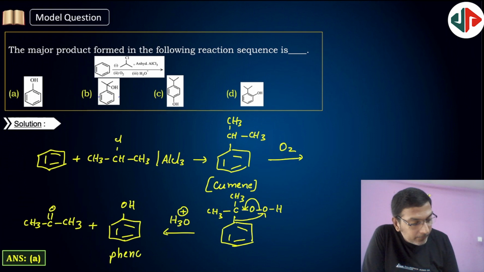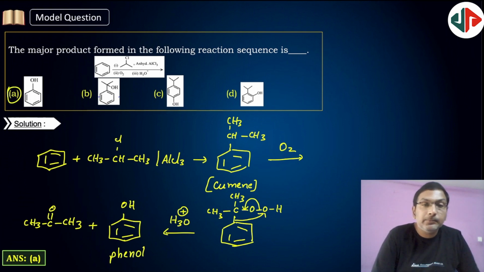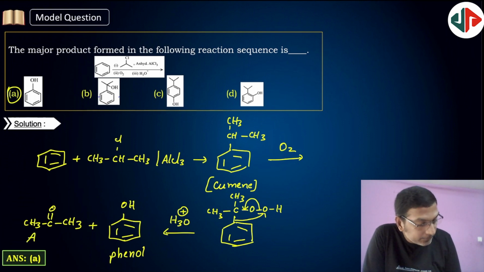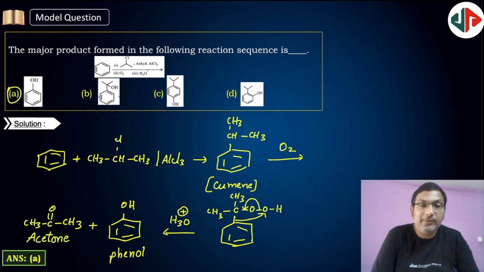Phenol, so option A. The byproduct is acetone. The main compound is phenol. So this is the best method to prepare phenol.